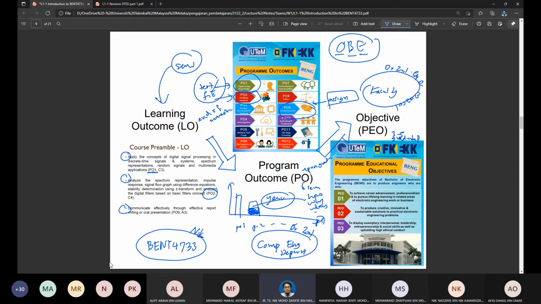So for DSP, we are targeting that the student can apply the concept of digital signal processing in discrete systems and spectrum. For sure, at the end of this semester, if I ask, you can spontaneously show and demonstrate that you are able to apply. Later on, not now. Then analyze the spectrum representation, the signal flow graph and so on.